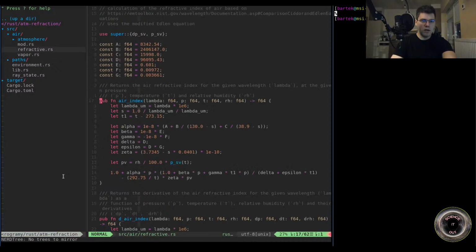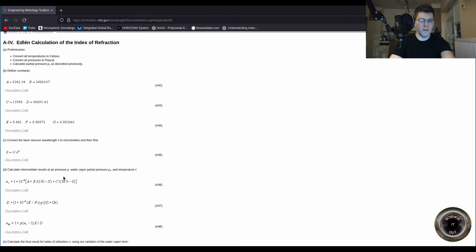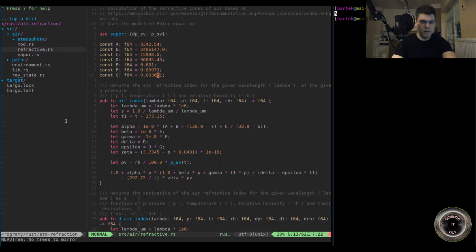And the calculation of refractive index, as you can see, uses the modified Edlén equation. Those are just coefficients that are directly copied from here, those A, B, C, D, E, F, G. So these coefficients are just here. And then this whole calculation that is described on the website is combined into a single function.